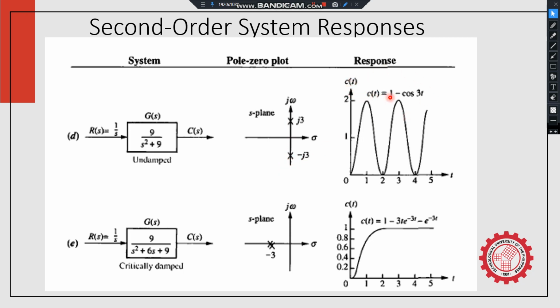And this is the time response equation. And note that its curve is a sinusoid. So that is undamped. Now for the critically damped, again, it has two poles that are equal and in real values, real number. So once more, this is the time response equation and the response curve.